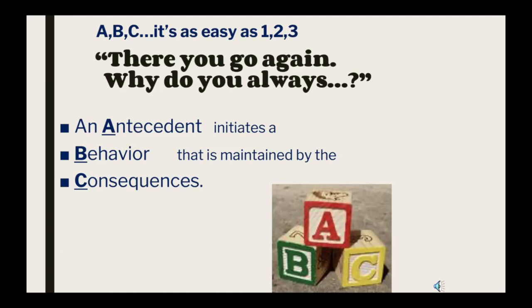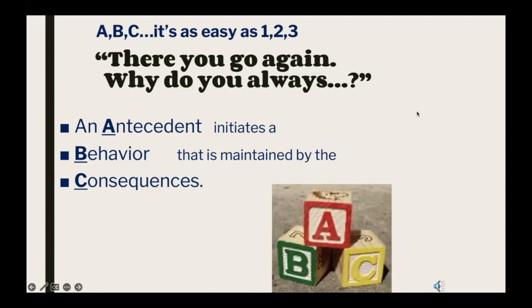Why did the kid say that to a direction that usually doesn't bring about that sort of behavior? Oh, the direction is the antecedent, but there were setting events before that that lowered the kid's ability to handle stress and demands and responsibilities. And then whatever follows that behavior is what's keeping it going.